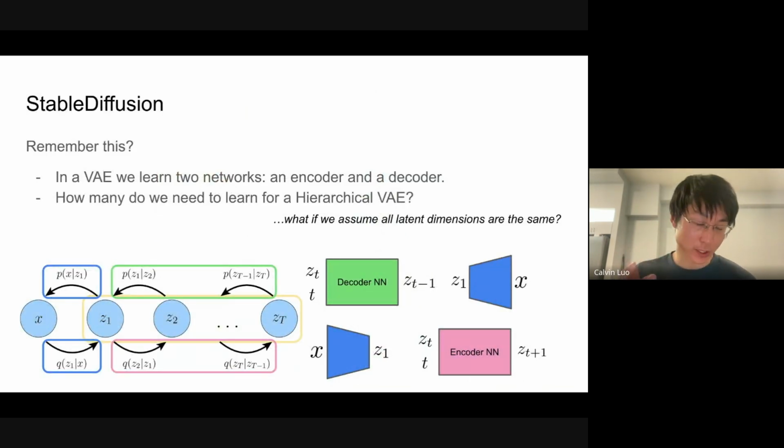Well, if you remember in a very early part of the talk, we said that in a VAE, we learn two networks, right? Encoder, decoder. How many do we need to learn for a hierarchical VAE? When we assume that all latent dimensions are the same, we just need to learn 4.